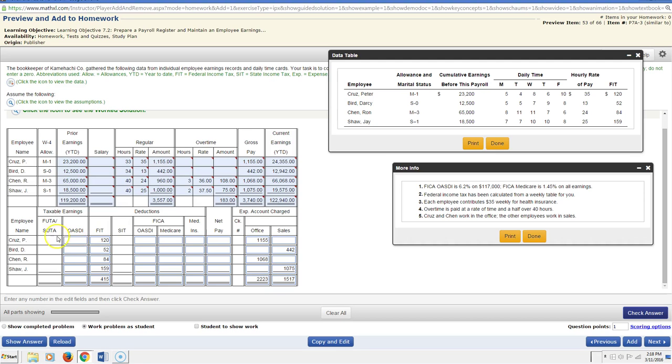Now, the FICA, it's F-I-C-A. That stands for Federal Insurance Contributions Act, which was put into law back in the 1930s to provide a Social Security income at that time, for the most part, because people had no pensions.